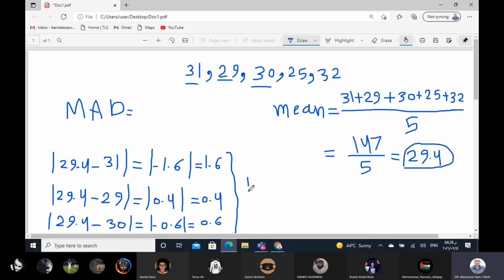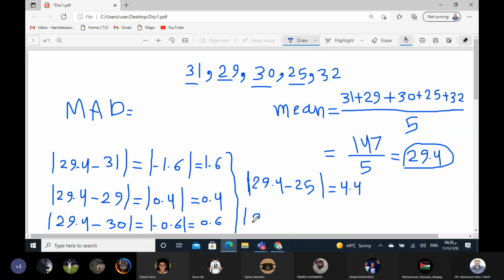Then we want to find the distance between the mean and the fourth value. It will be 4.4.